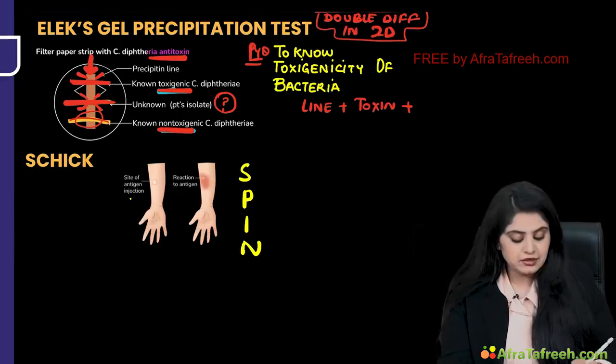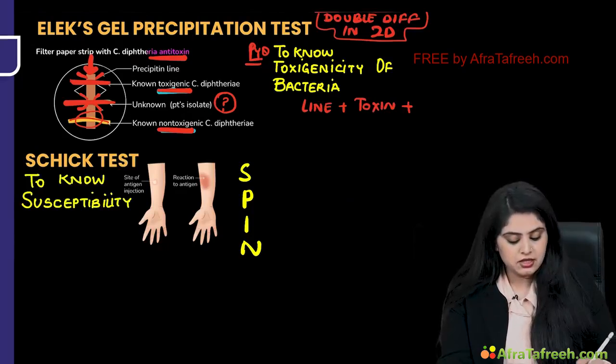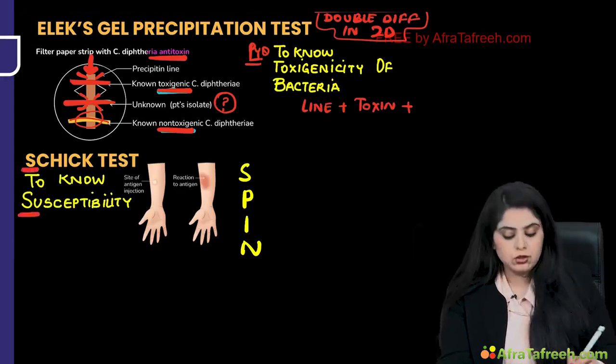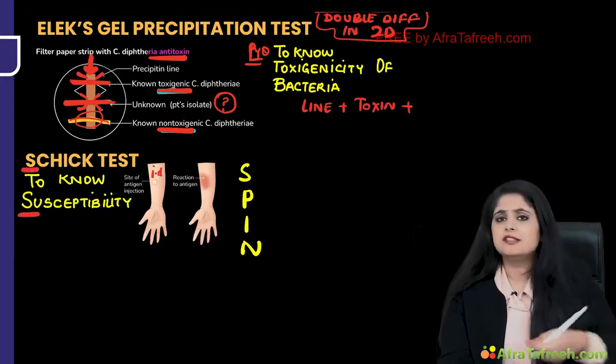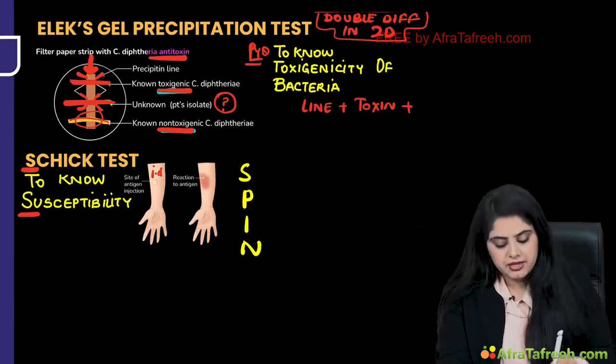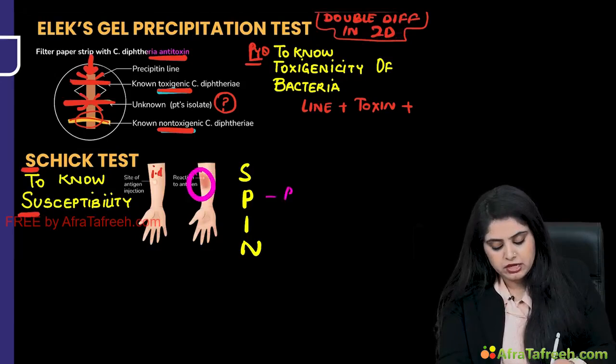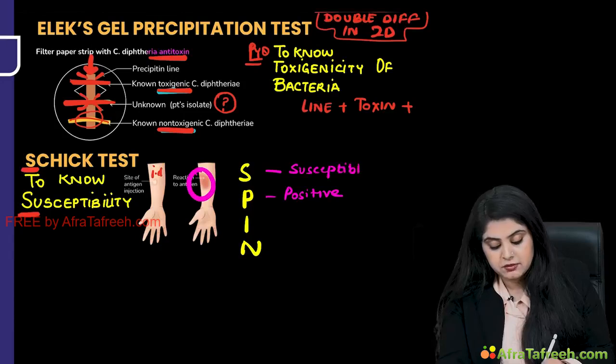What is the Schick test? S for S. Schick test is done to know the susceptibility of an individual. It's an intradermal test, a skin test. If you end up seeing a redness, meaning a positive reaction, this means the person has a risk of having diphtheria. There is susceptibility.